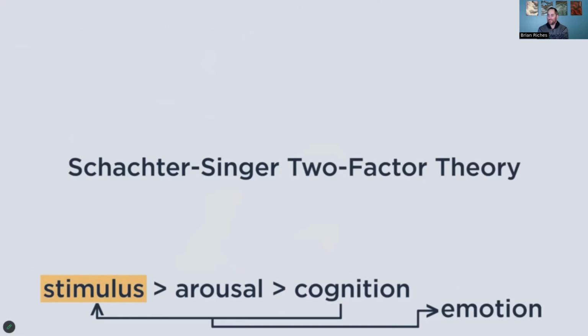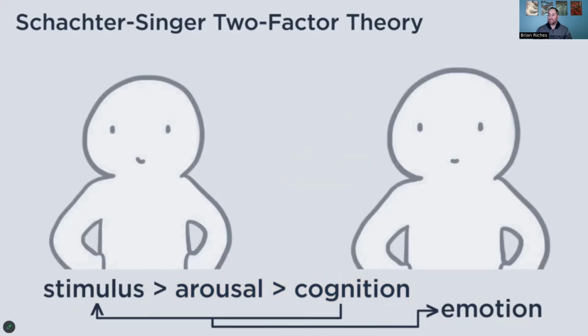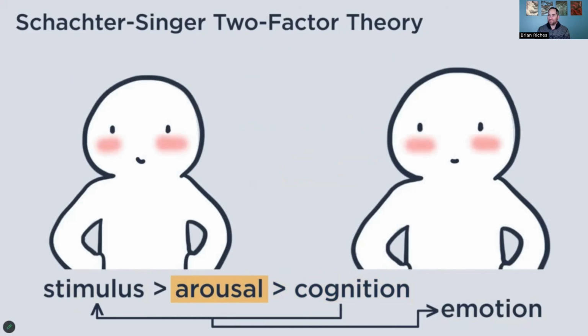From the stimulus, it takes two different factors, the arousal and the cognition, to elicit the emotion, hence the name Schachter-Singer two-factor theory. For example, say that you feel your face start to flush. According to this theory, you'll automatically use cues from your environment to help explain this flush.